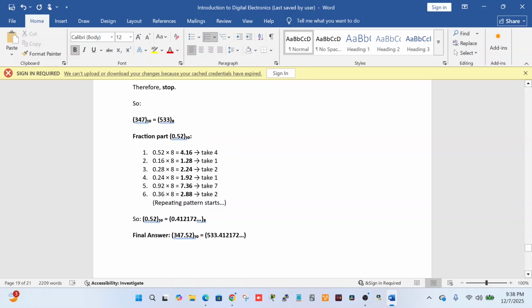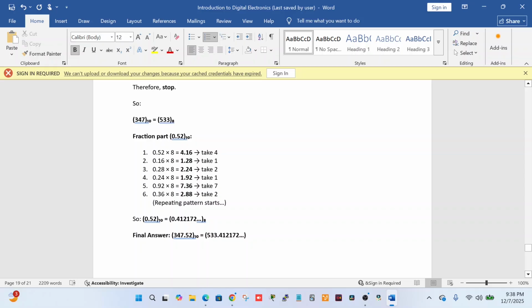Take the integer part 1 and multiply 0.28 into 8, 2.24. Then 0.24 into 8 is equal to 1.92. Take the integer 1, again multiply 0.92 into 8, 7.36.